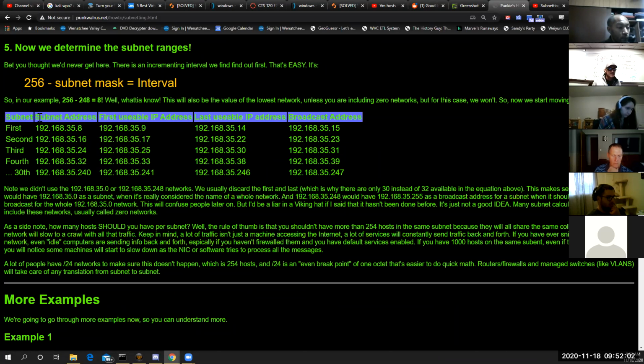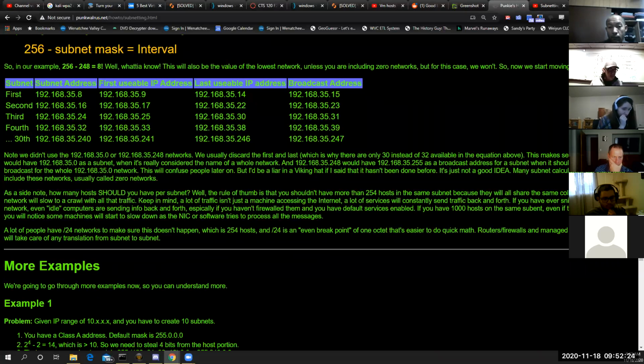You lose addressing, but if you're starting with 65,000 addresses in a class B, no big deal. Those are the 172 addresses that are private. 192 addresses for a home network work fine. Big corporate networks might use a 10 dot addressing scheme, 10.0.0.0. So you literally have millions of addresses that are available.